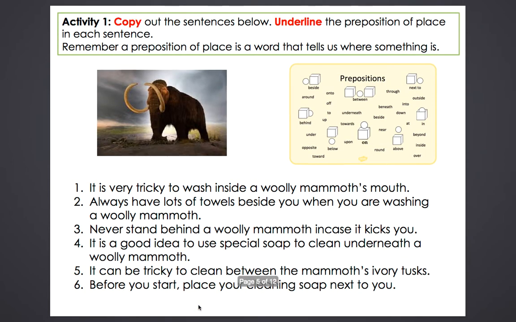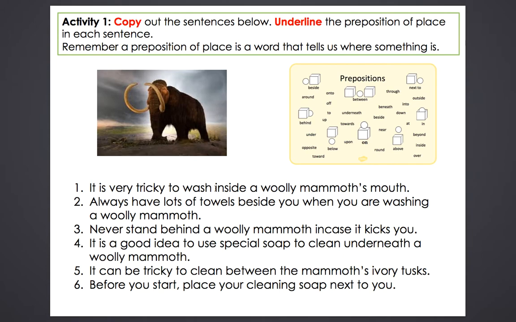Okay, so your first activity, I would like you to copy out the sentences here and underline the preposition of place that is used in each sentence. And remember, that's a word that tells us where something is in our sentence. So in the first one, it is very tricky to wash inside a woolly mammoth's mouth.